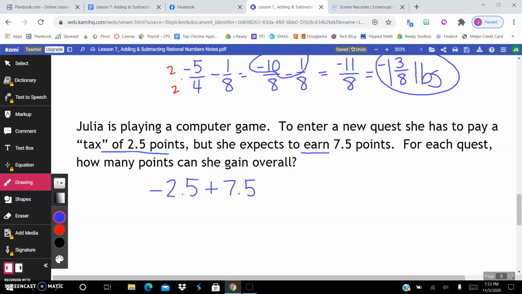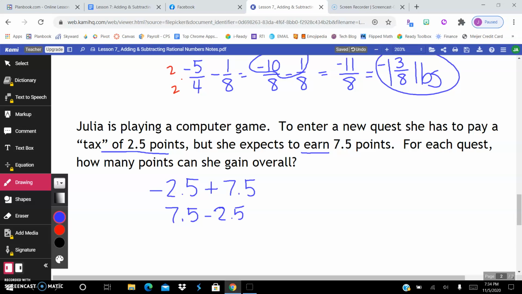So I have -2.5 plus 7.5. If I rewrote this, I would have 7.5 is positive, and then I have minus 2.5. So I can switch those around, put the positive number in the front, and then just make sure that negative sign goes with that 2.5.